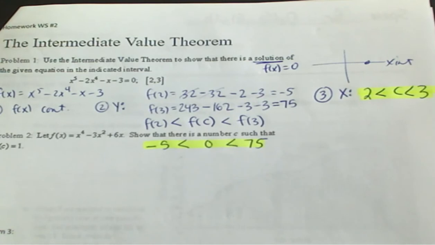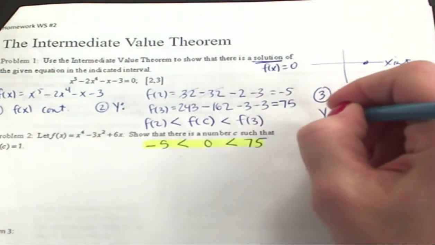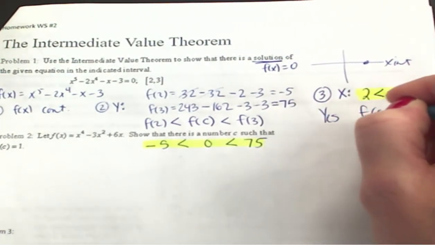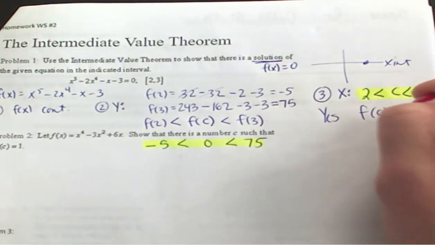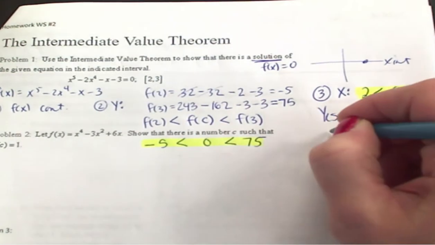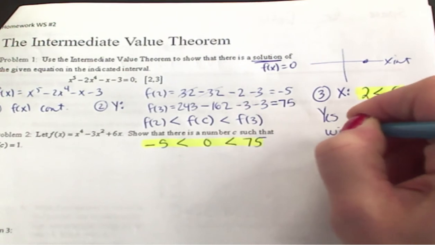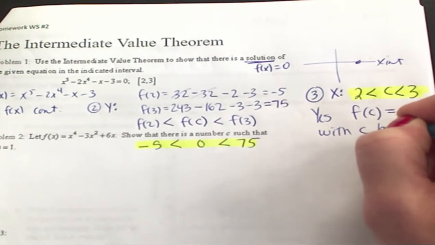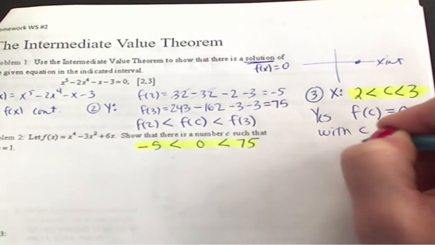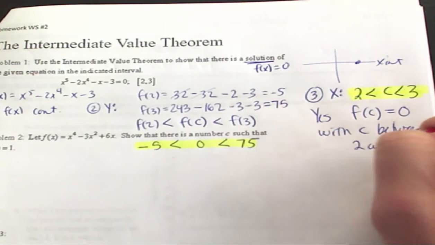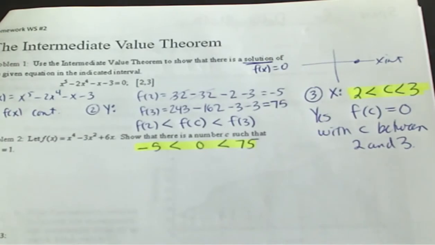That means you can say yes, f of c equals 0 with c between 2 and 3. The answer is yes.